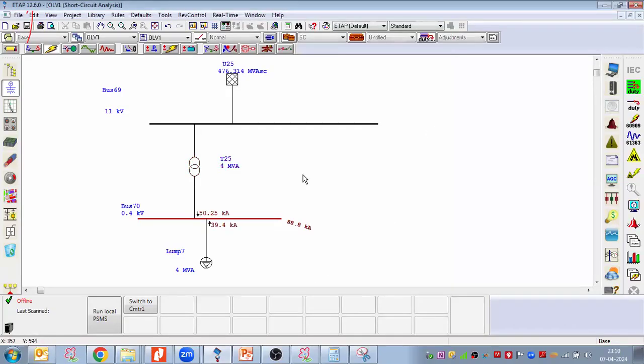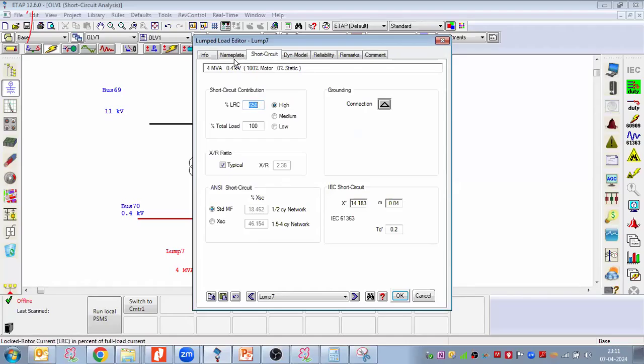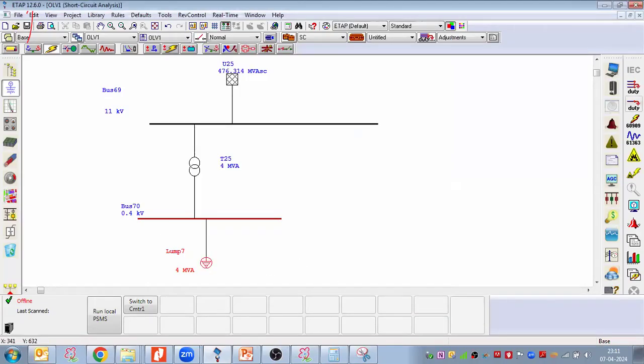And then if we run the load flow, we can see the fault current is reduced to 50 kiloampere now. So earlier it was 66 kiloampere, now it is reduced to 50 kiloampere.